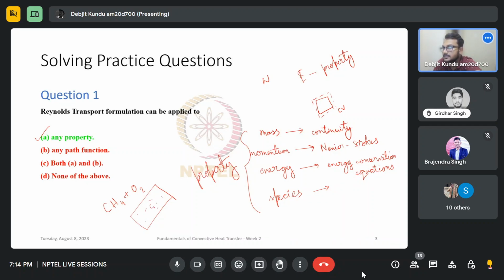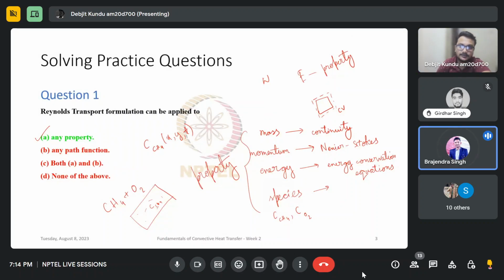So CH4 will be a function of x, y, and t, of both space and time. So the concentration of CH4 as well as the concentration of O2 will be conserved as well. So these are also properties, the concentration of that species. Am I making sense?